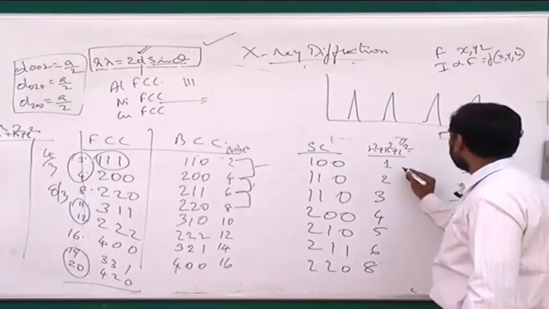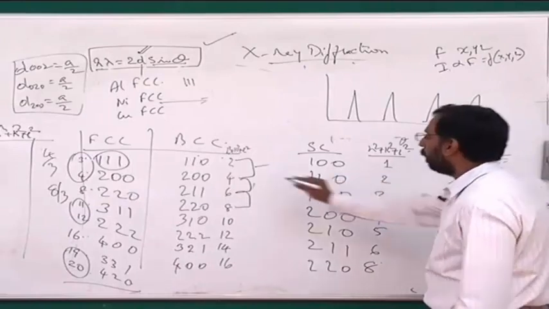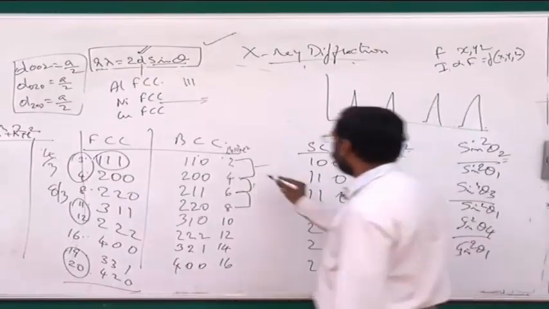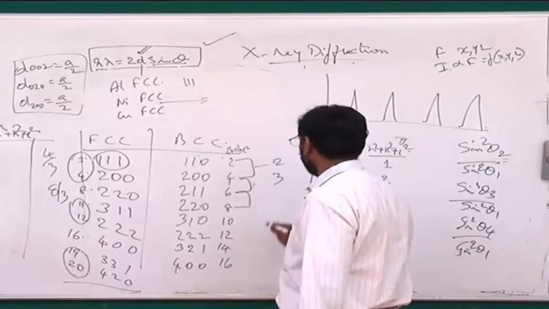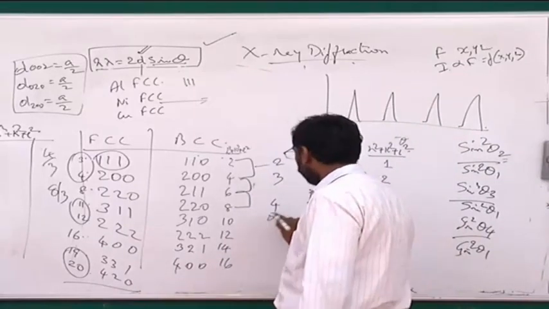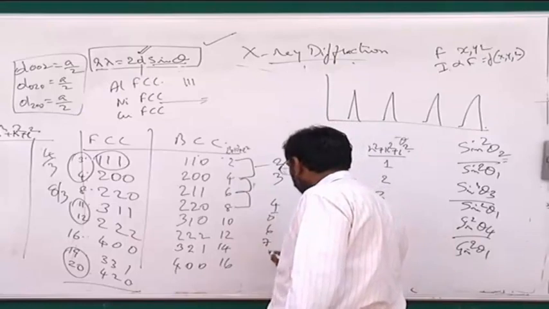So this ratio for BCC will always be 2, 3, 4, 5, 6, 7, 8.